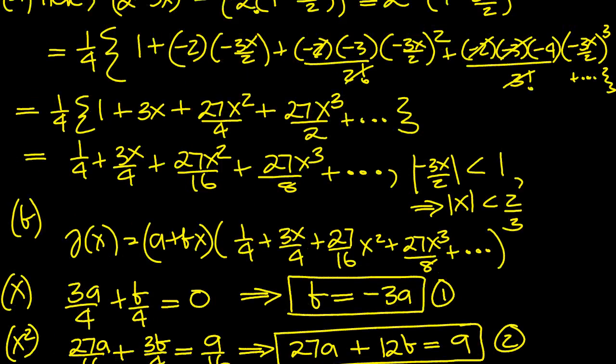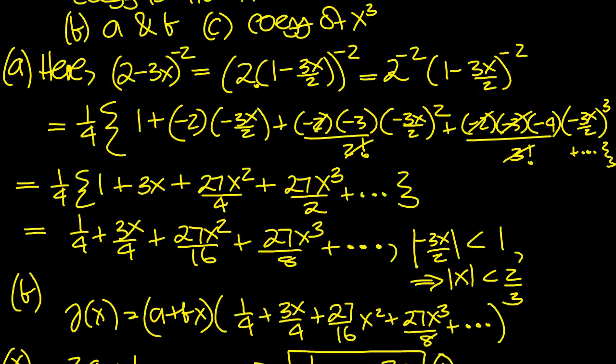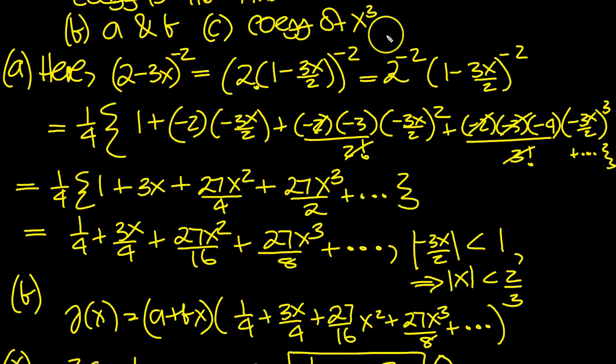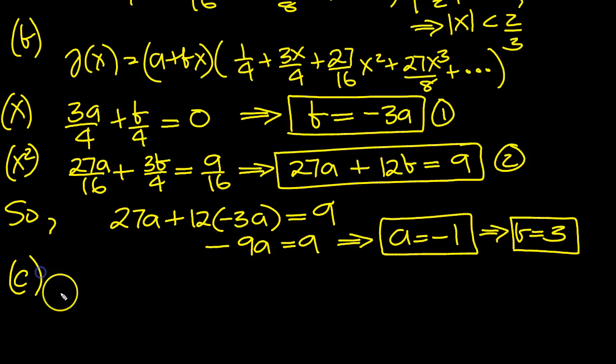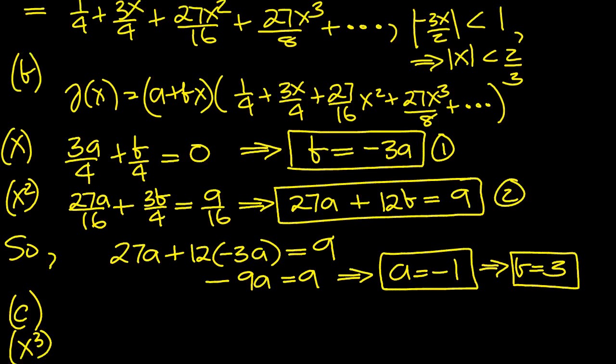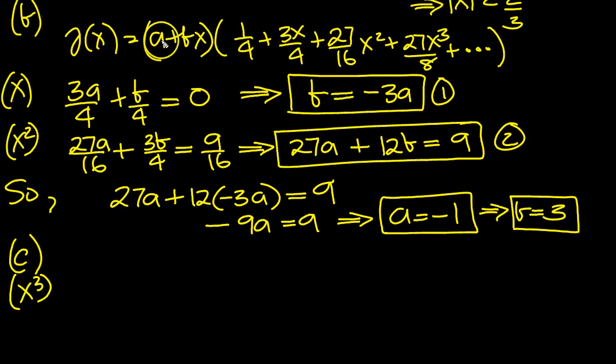Now we need to find the coefficient of x cubed. Let's just go back up to remind ourselves. Part C, the coefficient of x cubed. So part C now. The x cubed terms. What have we got as the coefficient? Let's have a look. Here it is here. So it'd be a times 27 over 8. That's what we got there for that x cubed. And the x cubed from the bx product will give 27b over 16.